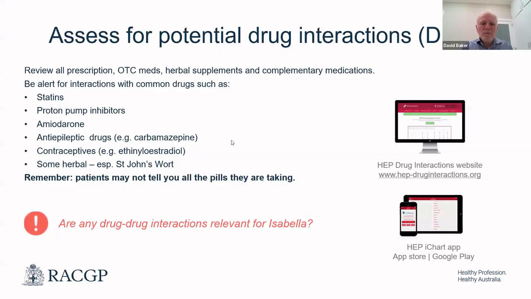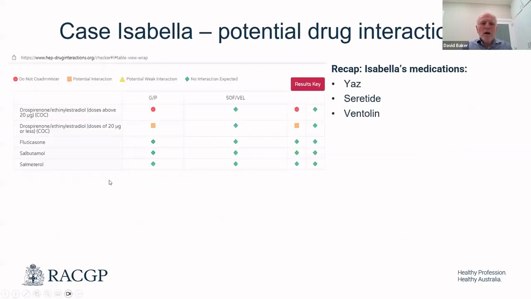The problem is really with oral contraceptives. For the mini pill, which only has 20 micrograms of ethinyl estradiol, you can actually use either drug. But if it's above 20 micrograms, then you need to use sofosbuvir-velpatasvir because that doesn't interact with estrogens.